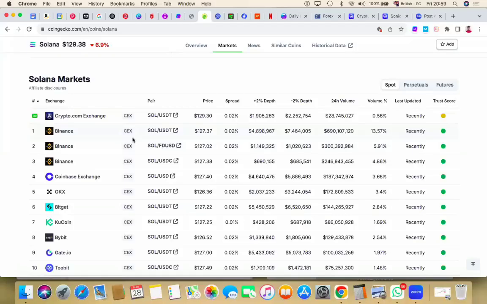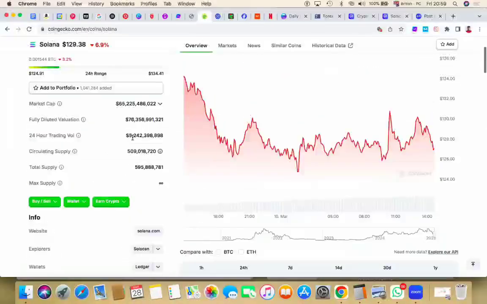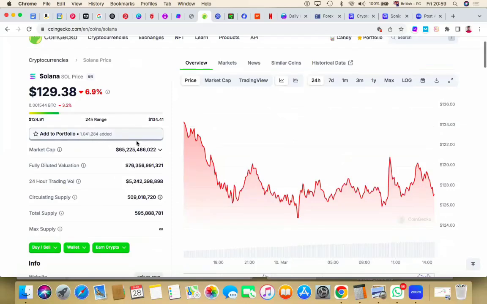Right? No, this is for the exchanges, right? Yeah. So for example, let me give you an overview of this. The market cap here represents the total amount of money in Solana, the market capitalization of Solana. The fully diluted valuation is also $76 billion.